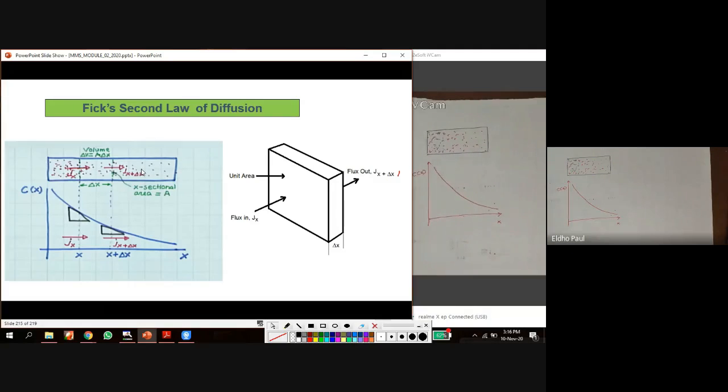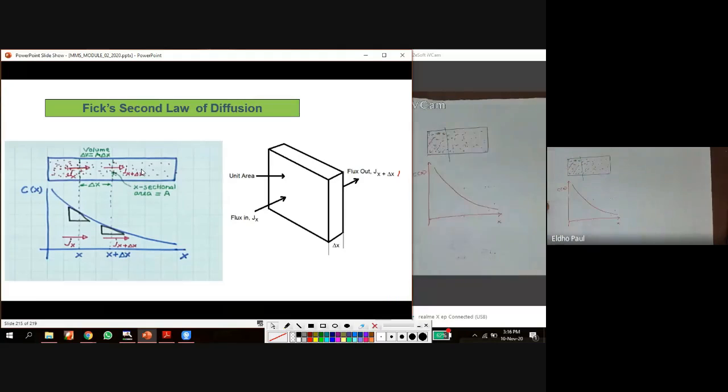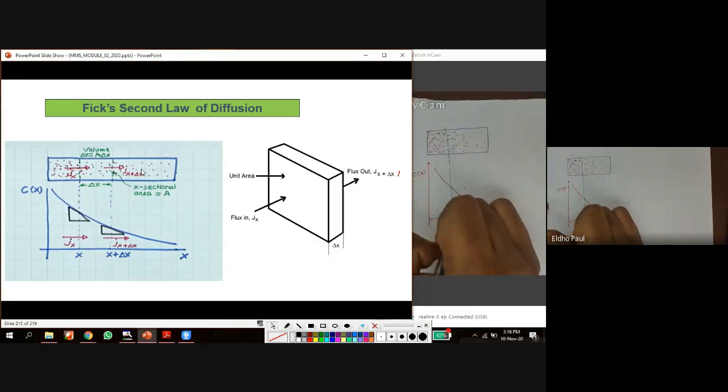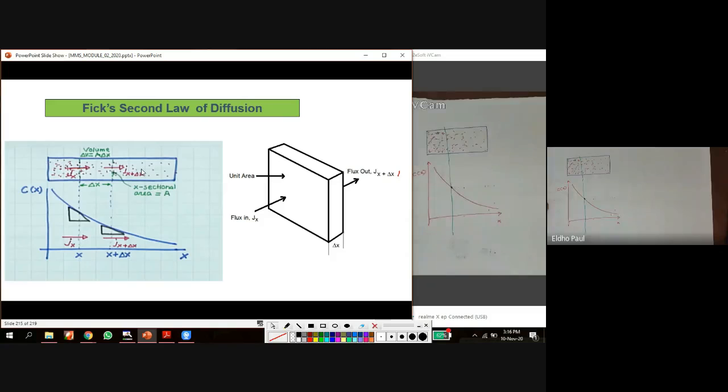This is the concentration variation, and here I am taking two sections or two points in the material. At this point we get a particular concentration corresponding to this position of the material.